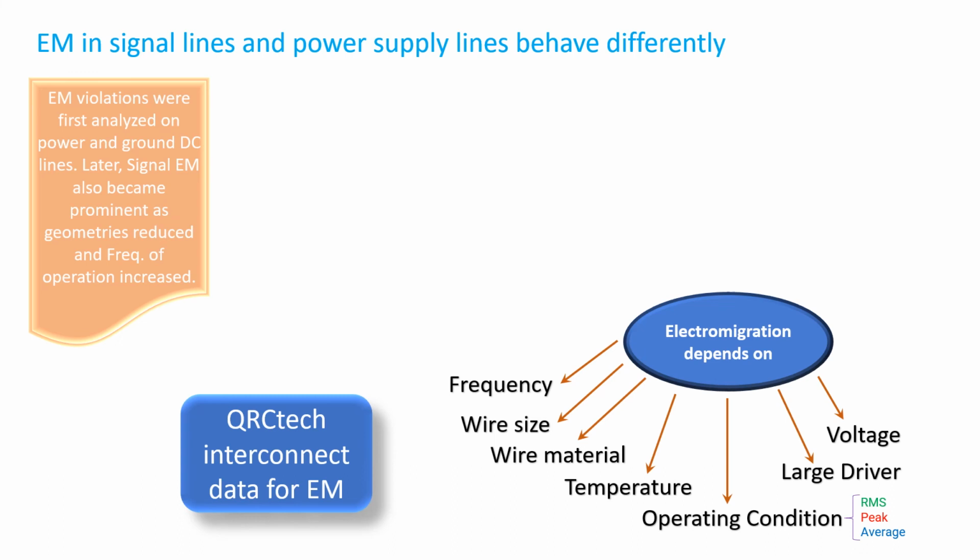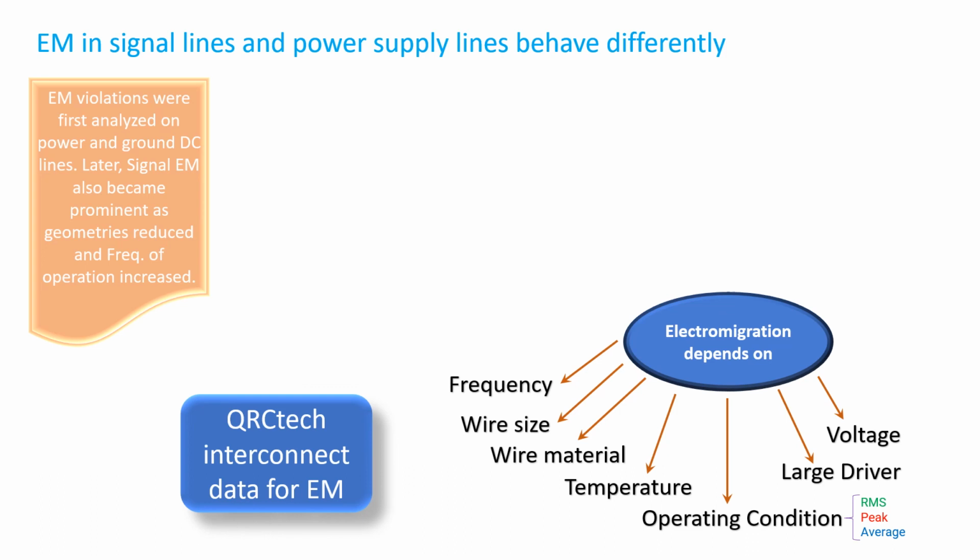From here, the design is taken through and analyzed at different operating conditions, either RMS, peak, or average. The EM violations that pop up for the specific scenario or mode under consideration should be cleared by appropriately changing the wire size, because that is generally the only attribute or control available to the soft designer.